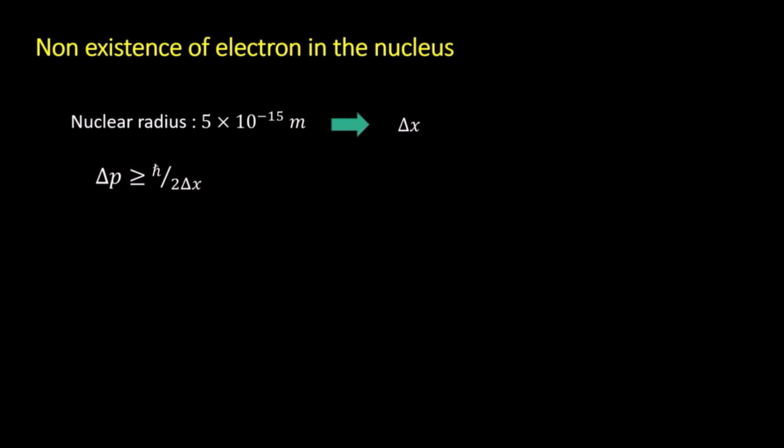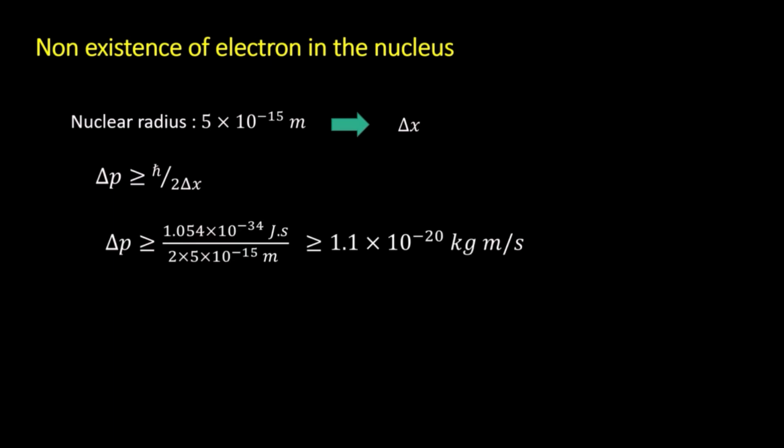So substituting the various values, we get delta P greater than or equal to 1.1 into 10 to the power minus 20 kilogram meter per second. This number you get after you substitute the value for h bar, which is h by 2 pi, and substituting the value of delta x, which we assume as of the order of the nuclear radius.